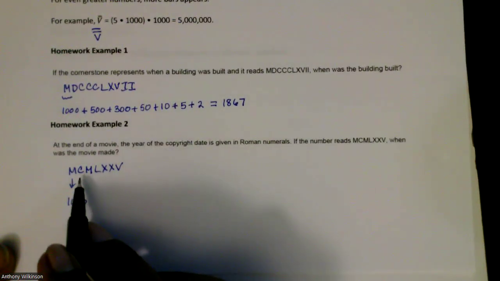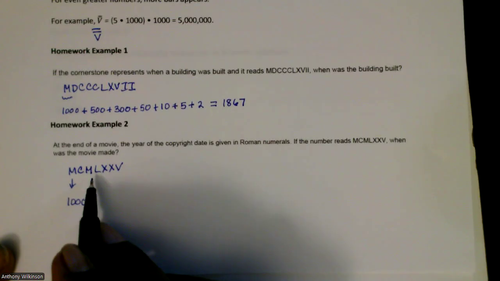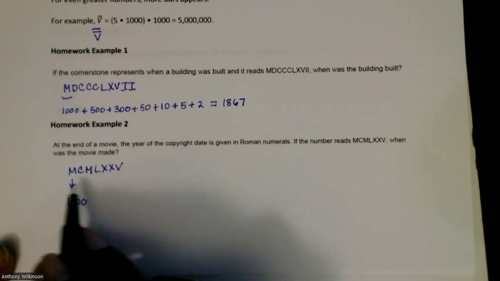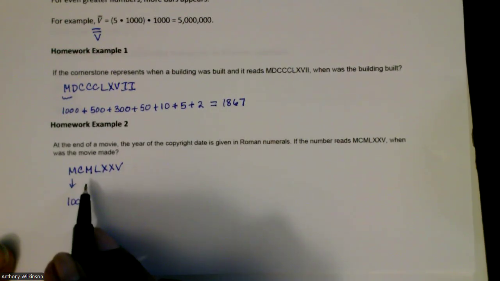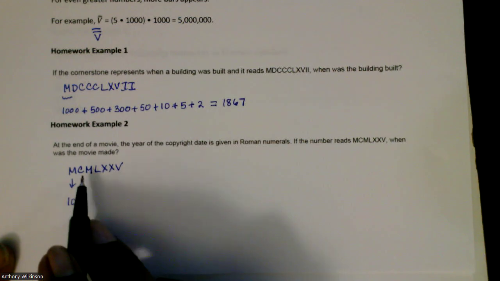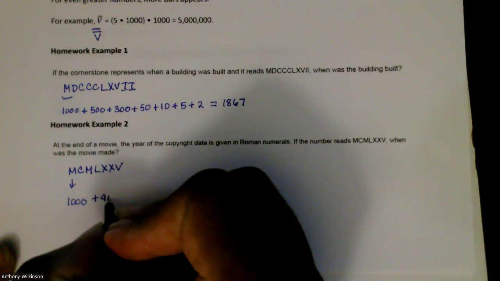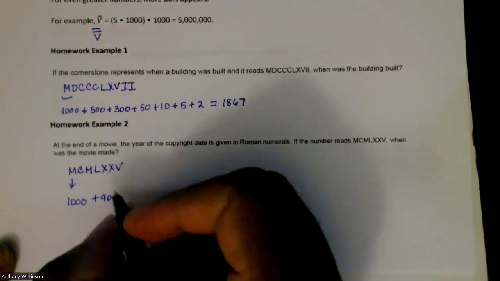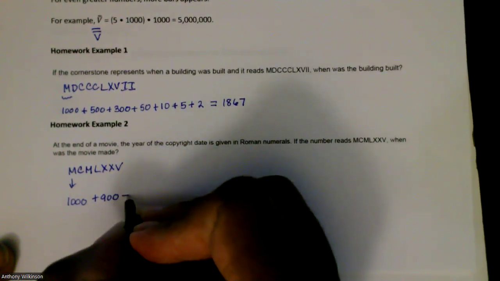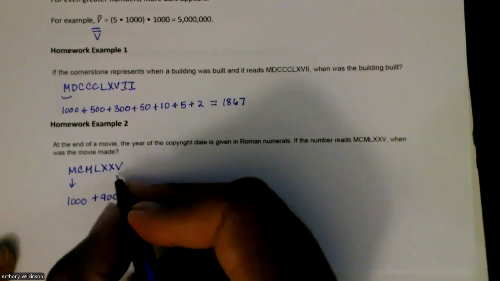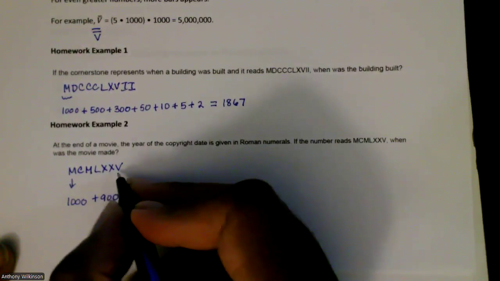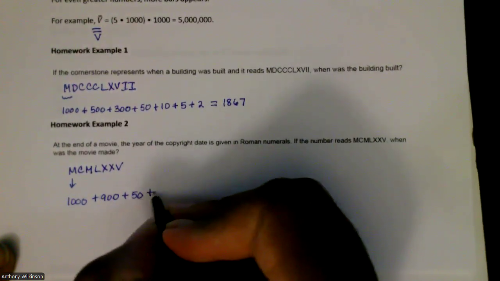All right, here that M represents 1,000. But notice we got the C before the M, so we have to use the subtractive property. If you recall, that's 100 less than 1,000. So 100 from 1,000 would give me 900. So I know I'm going to add 900 to it. The L represents a 50, so that'd be plus 50. Two X's, each X represents 10, so it'd be 10 plus 10, that's 20.